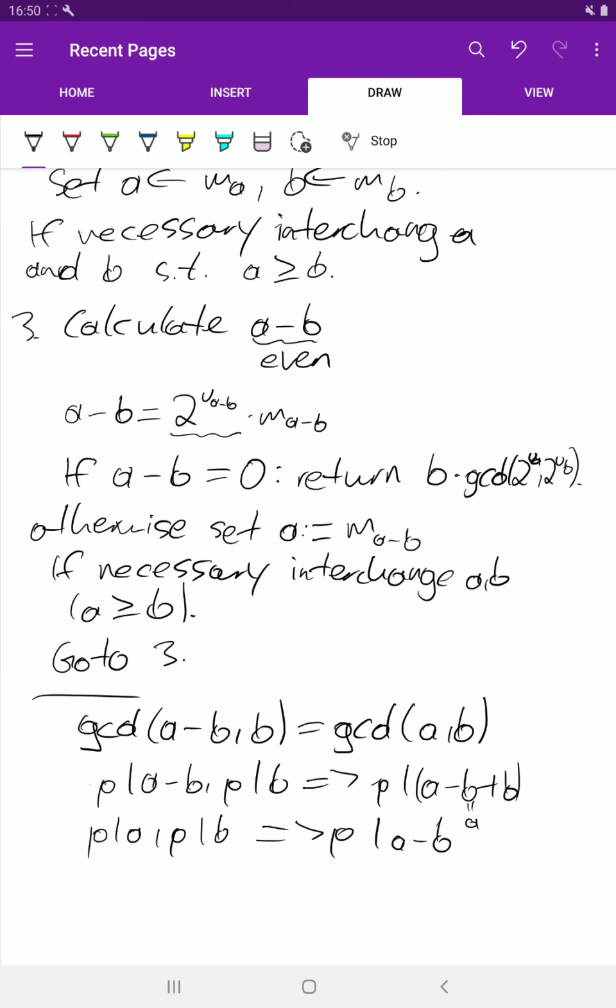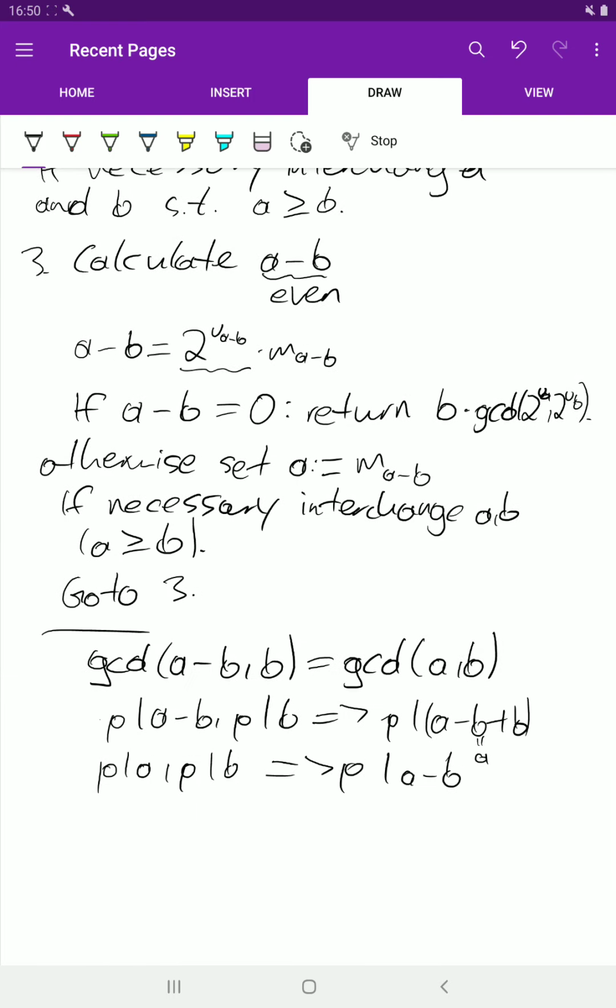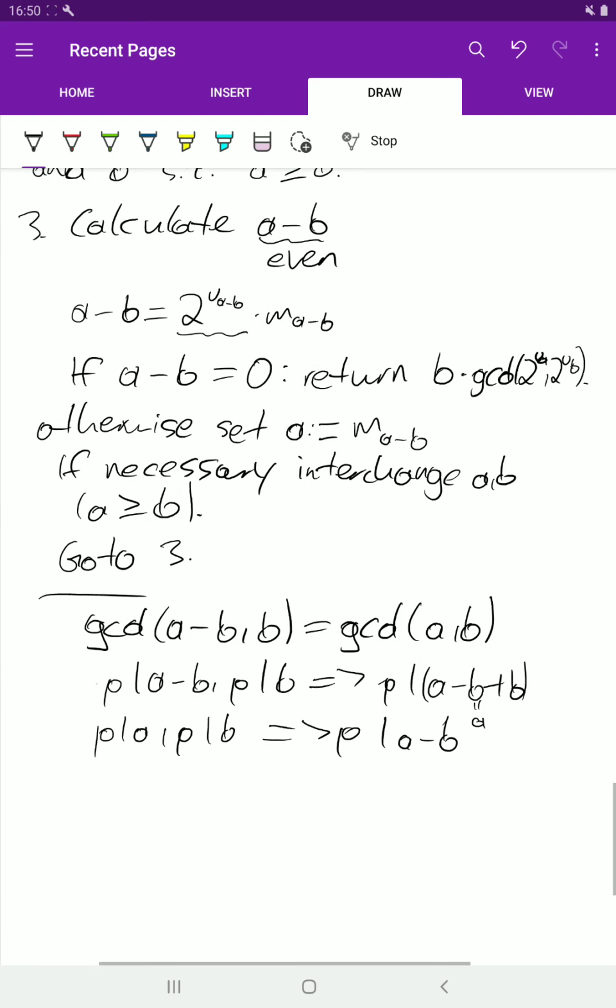So at any point in this algorithm, a and b change, but not their greatest common divisor, so that's invariant.